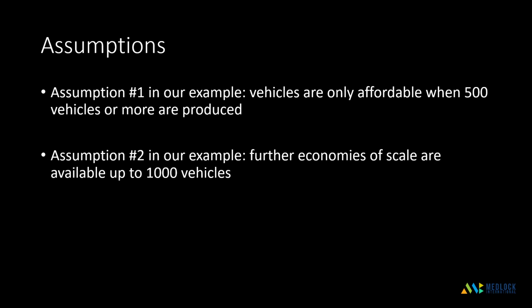And the second assumption is that we can continue getting these economies of scale up to 1,000 vehicles. Just to reiterate, if you produce fewer than 500 vehicles, the vehicles are going to be too expensive. And secondly, if you produce between 500 and 1,000 vehicles per year, the vehicles will get progressively cheaper up until a maximum of 1,000.